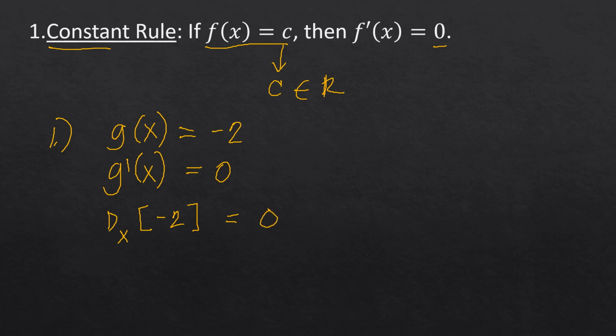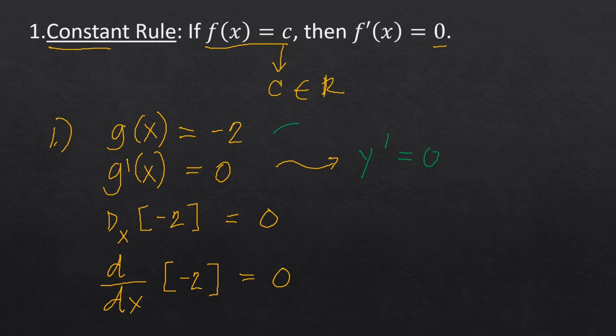Well, that is also 0. You can also have the derivative of -2, and that is also 0. Now these are the representations. Now g prime of x can also be y prime is equal to 0. Now this y prime would mean, because g of x is simply y.